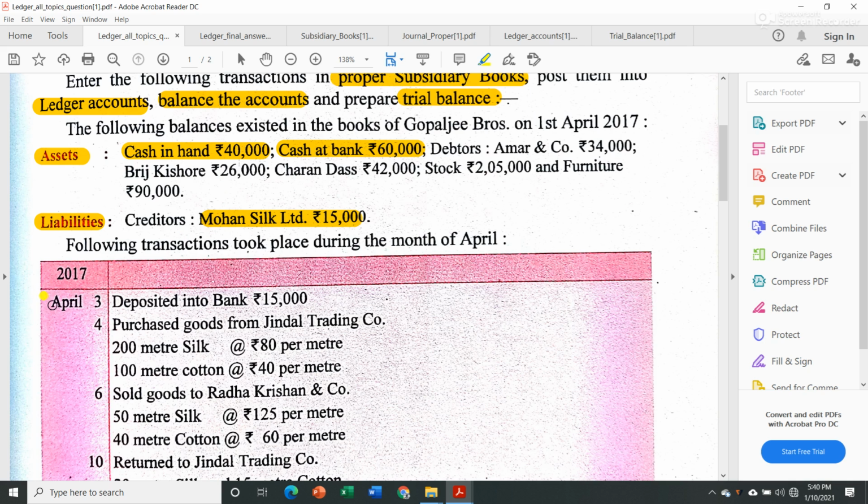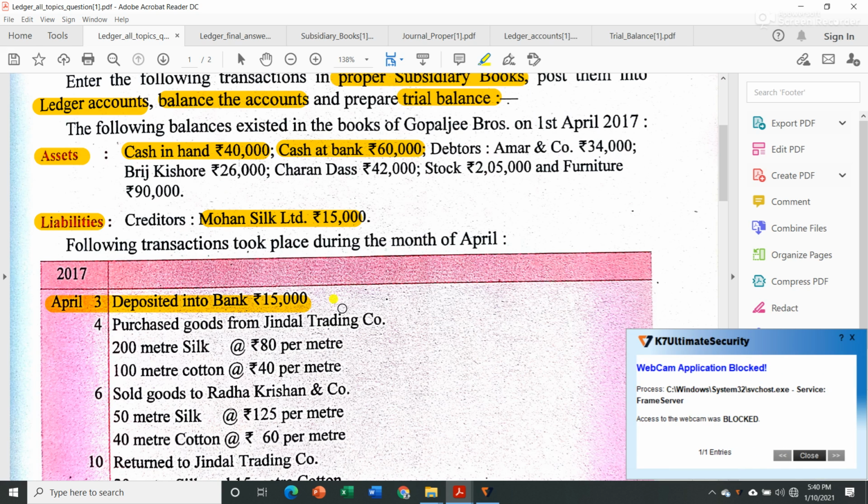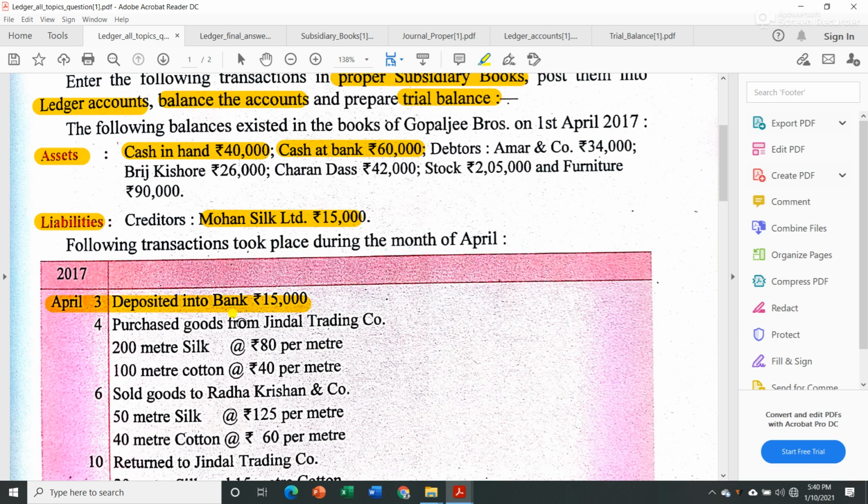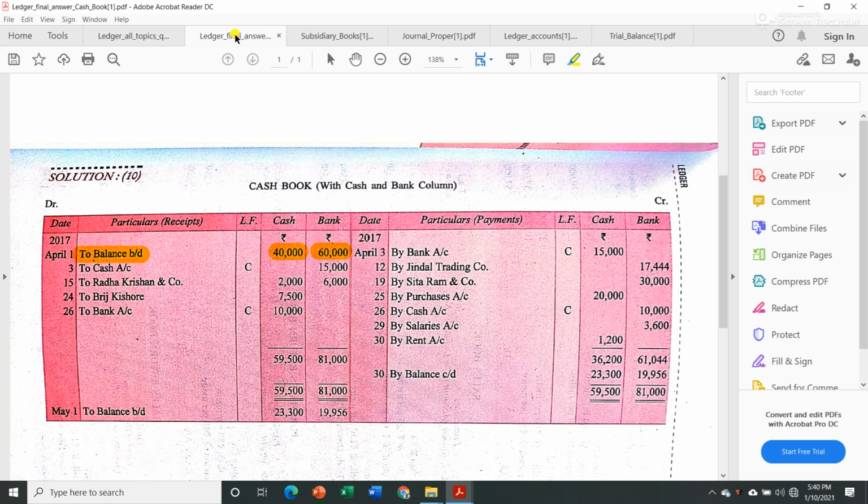The next transaction took place on April 3rd, and that is deposited into bank, 15,000. We know that it is a contra entry, and since in this transaction we are paying cash to the bank, we have to record it in the cash book. In the cash book, on the debit side we will write To Cash Account, since on the receipt side we are receiving cash in the bank account.